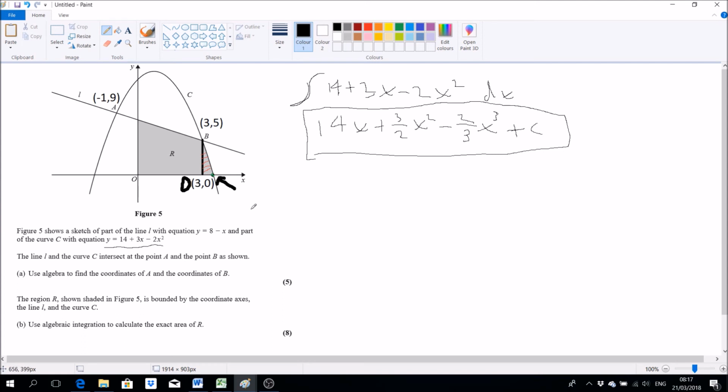So the green point is when you solve this quadratic equation, when you solve minus 2x squared plus 3x plus 14 set equal to 0, so 14 plus 3x minus 2x squared equals 0, you should get 7 over 2 and minus 2. So this point is (7 over 2, 0). So all we have to do is just write this down.